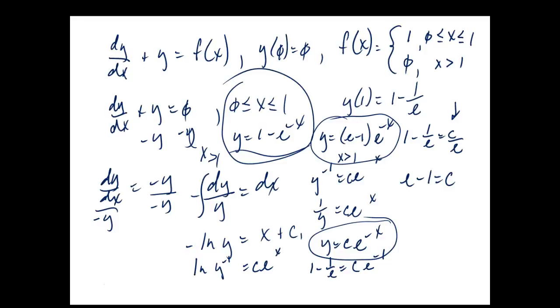We wanted this value to be the same at 1 as this was at 1, so that you don't have a discontinuity there. Because I believe our requirement was y had to be a continuous function. And besides, it's nicer if it is.